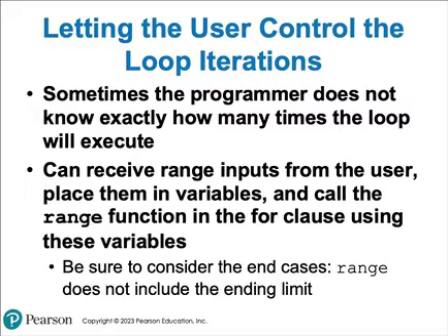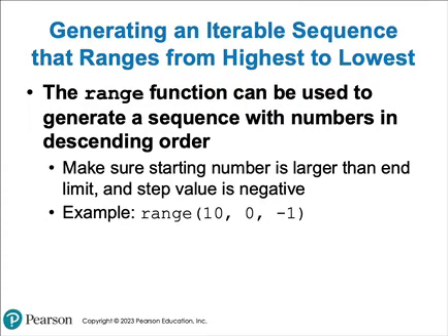Basically what happens is, as a programmer, you may hard code a range in if you actually do know how many times it'll execute. Otherwise, you might ask the user how many times you want to execute, and then use that value as the upper limit of the range.